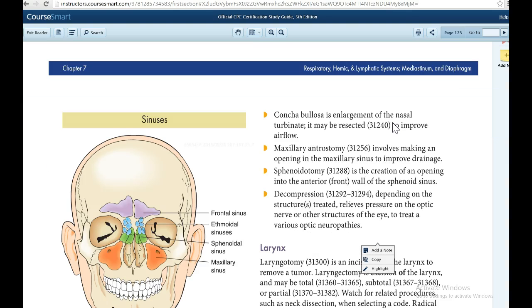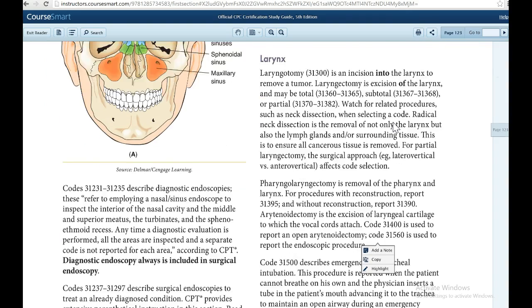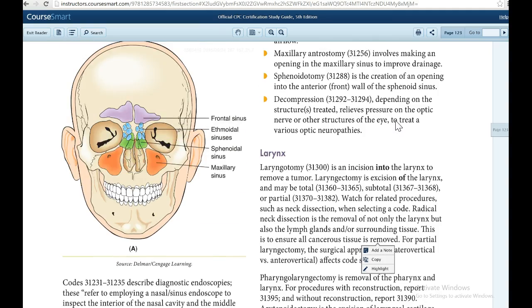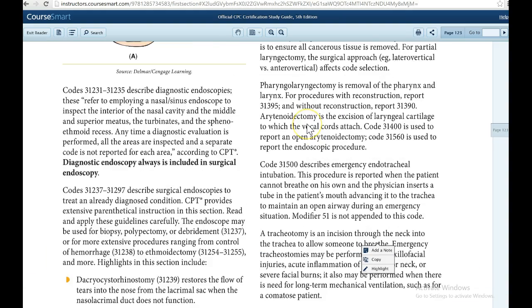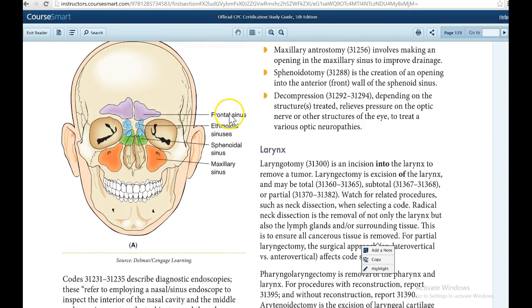Sinuses. Y'all, this is a trick question on the test. How many sinuses do you have? Well, if you look at this diagram, you have the frontal sinus, the ethmoid sinus, the sphenoid sinus, and the maxillary sinus. So if we look right here, it looks like we have what? Just 4 sinuses. But this is a trick question. Right here is the nasal septum.